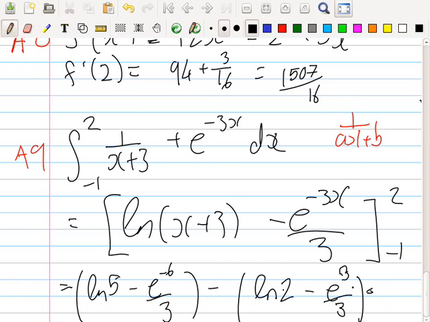Four significant figures, so that's 7.611. Okay, no problem, right?